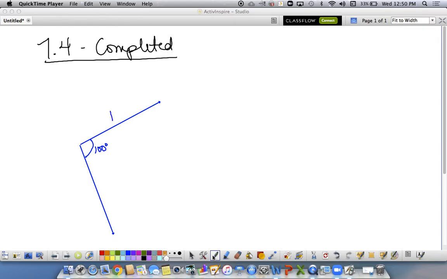One has a magnitude of 15 newtons, the other has a magnitude of 22 newtons, and it's asking what is the magnitude of the resultant force. Meaning, if someone is pulling along this with a force of 15 newtons, and someone is pulling from that same point with a force of 22 newtons, how much force are they creating together? What is the resultant vector's magnitude?